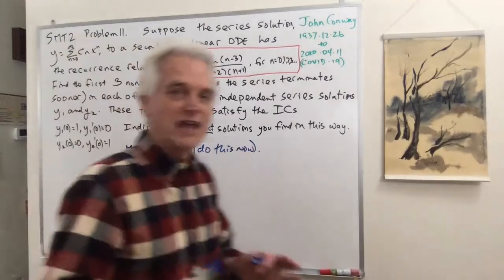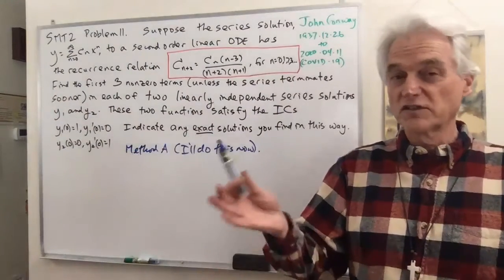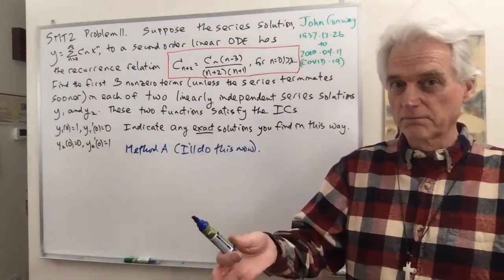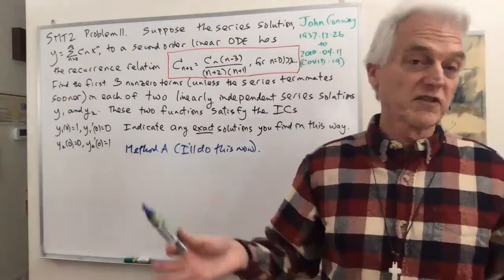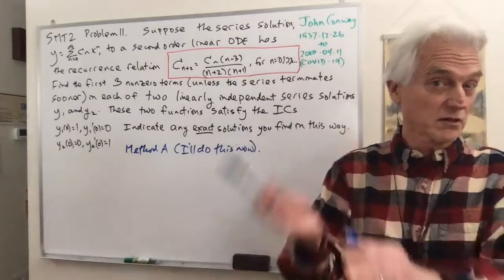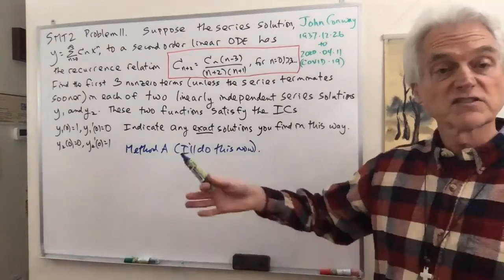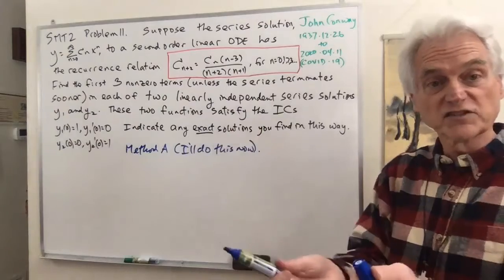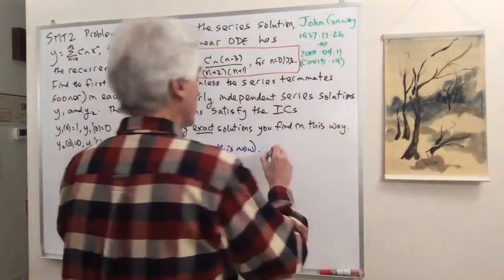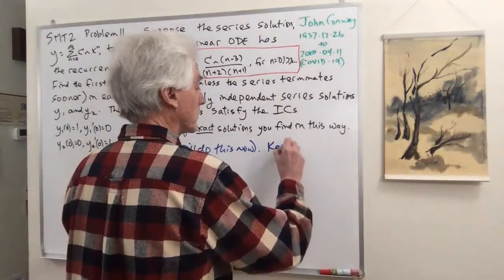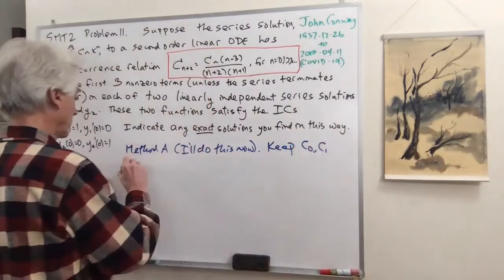In method A, you just write down the recurrence relations, keep C0 and C1 arbitrary, solve for C2, C3, C4, solve for a few of the C's in terms of C0 and C1, which can always happen. Then you write down the solution and gather the terms that have a C0 in them and the terms that have a C1 in them. So you keep C0 and C1 arbitrary.